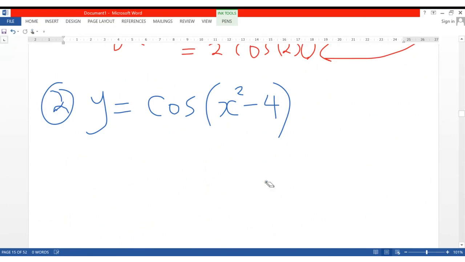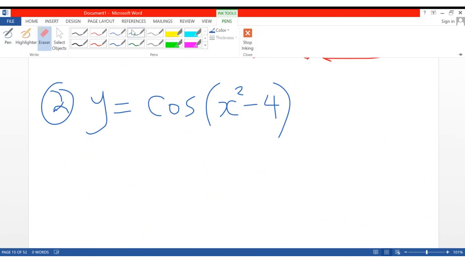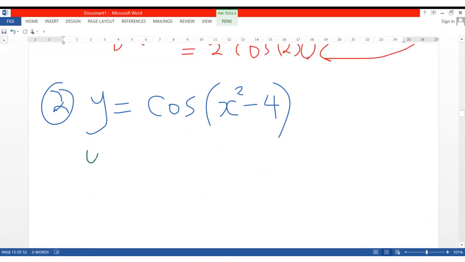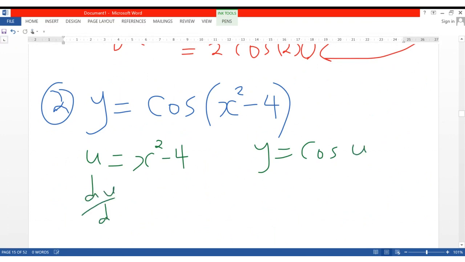So again, whatever that is in the brackets, I'll call it my u. So my u will be x squared minus 4. And then y will be given by cos u. So here du all over dx will be given by 2x.